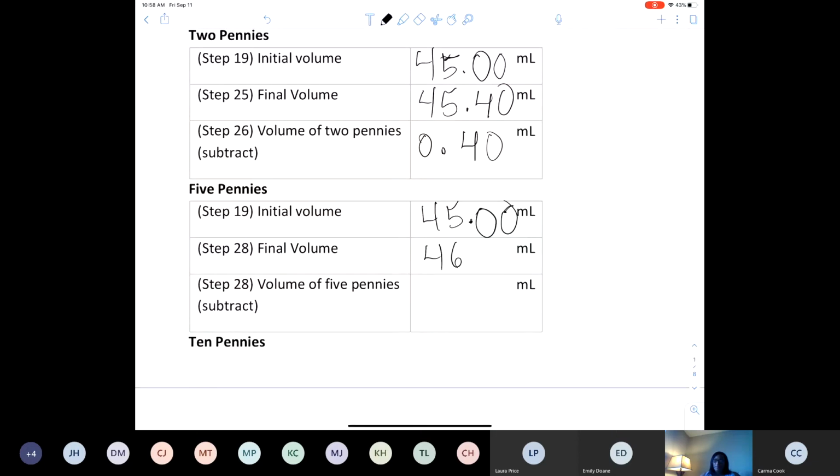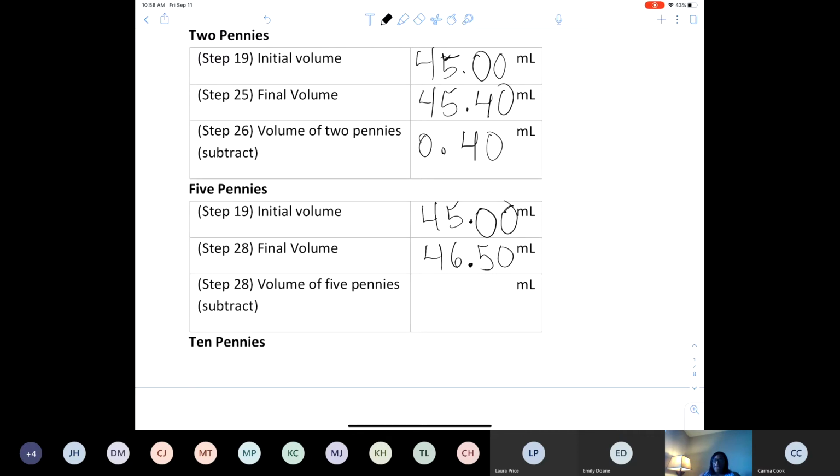Anyone else have a different number? I said 46.50. That's also very good. I'm going to be very lenient. Like I said, it depends on the viewer who's reading the cylinder. So long as everyone has a logical value, you're going to be fine.